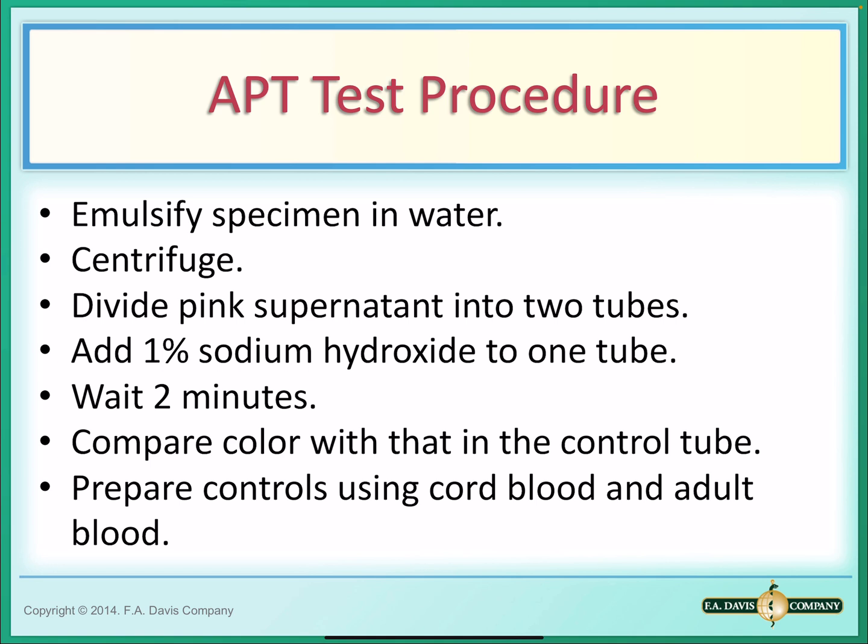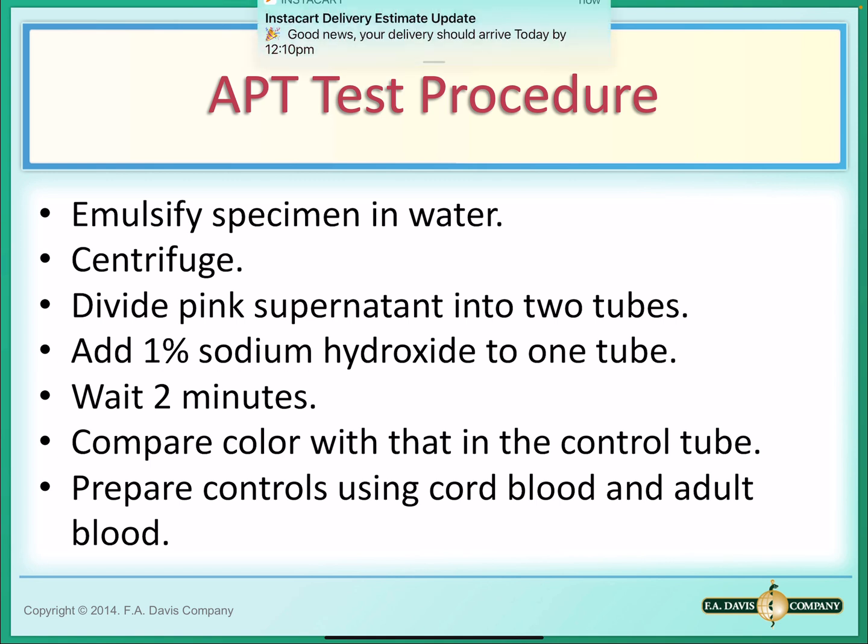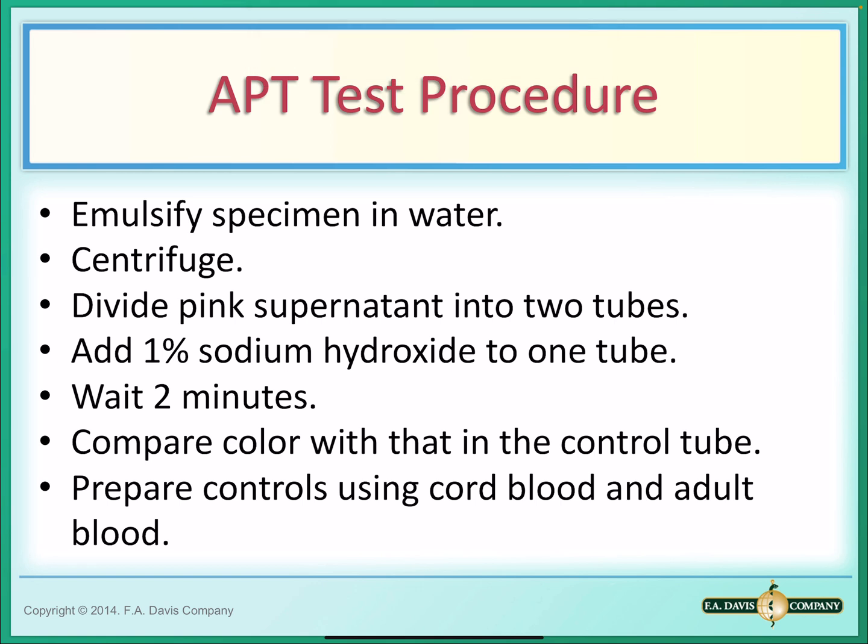In the presence of alkali-resistant fetal hemoglobin, the solution will remain pink, whereas denaturation of the maternal hemoglobin, which is hemoglobin A, will produce a yellow to brown supernatant after it stands for 2 minutes. Again, this test will help us distinguish between hemoglobin A or hemoglobin S, the presence of maternal hemoglobin or fetal hemoglobin. We need to use controls when we are using this APT test.